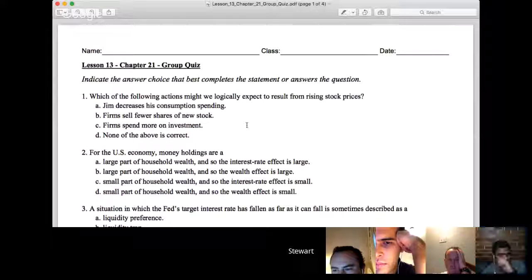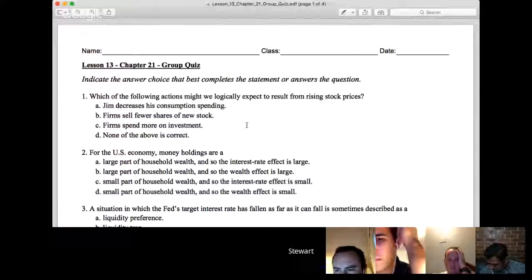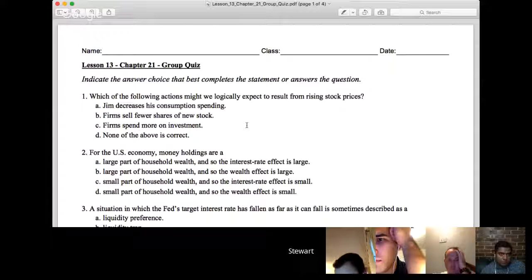Okay, I found the answer, guys. The answer is on page 466, and it says here under why the Fed watches the stock market, when the stock market booms, households become wealthier, and this increased wealth stimulates consumer spending. In addition, a rise in stock prices makes it more attractive for firms to sell new shares of stock, and this stimulates investment spending.